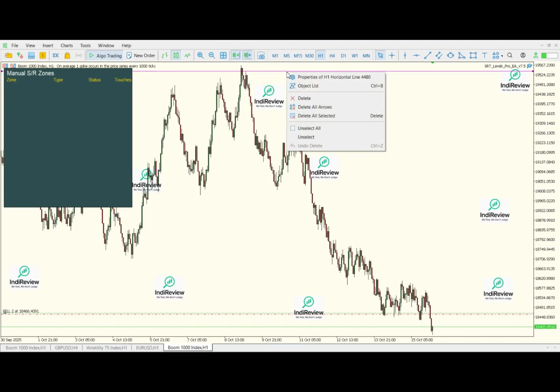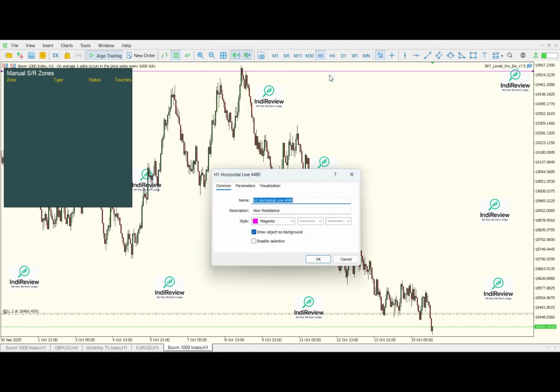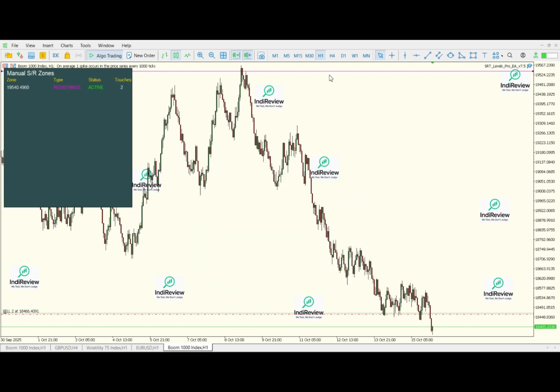So for the EA, I have to identify any line I've drawn as support or resistance. This one I label as resistance, and then it shows up on the dashboard as resistance. So this is what the previous version was.